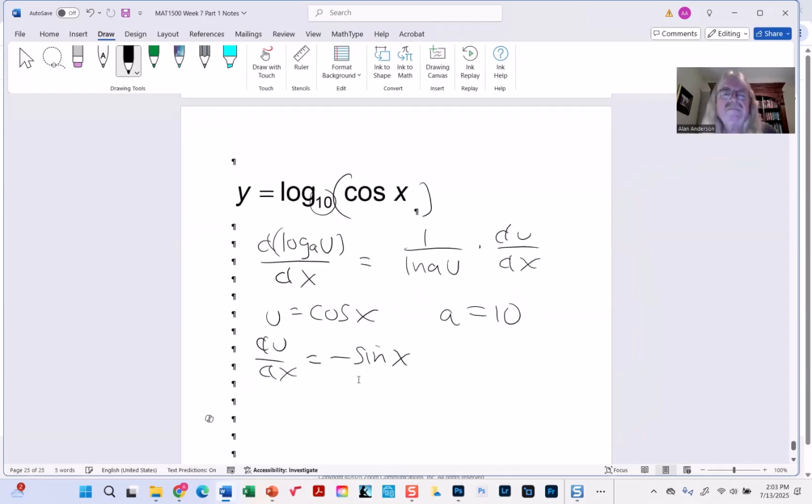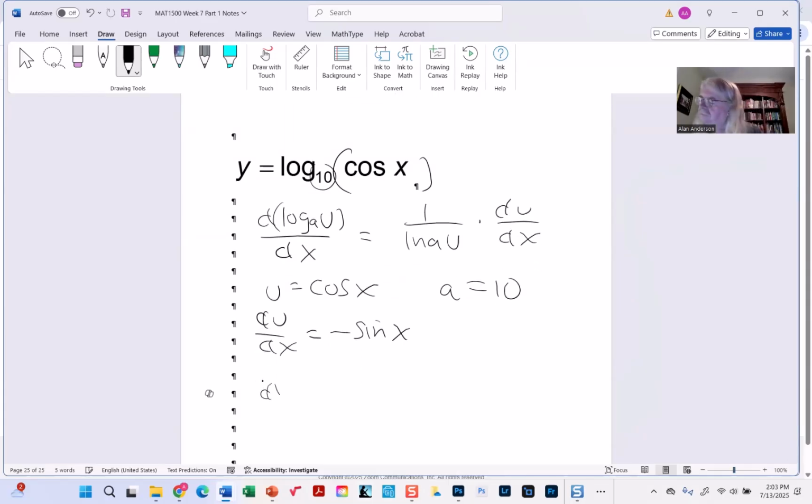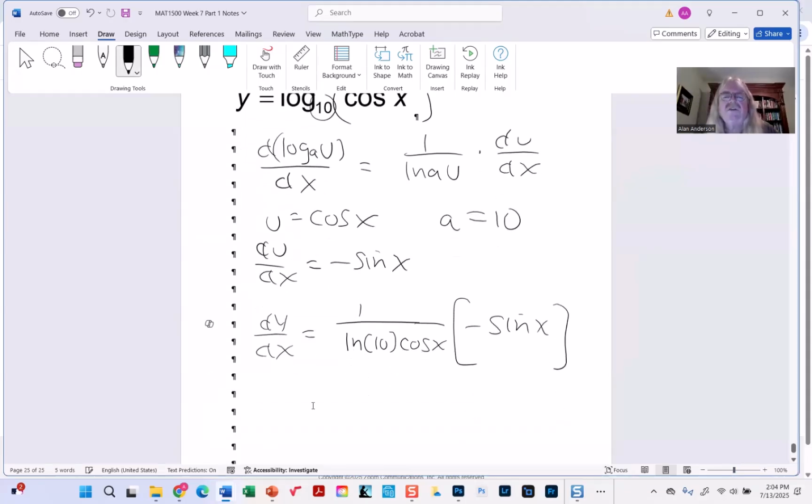So here's what we end up with: 1 over natural log 10. u is cosine x, du dx is minus sine x. Okay, so that should do it.